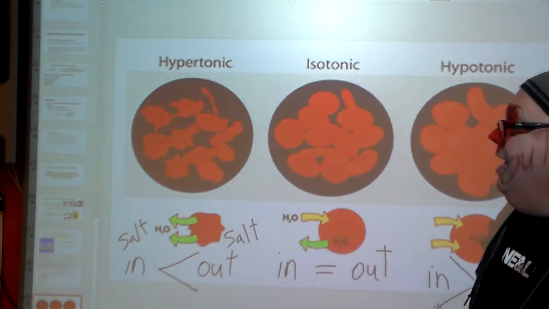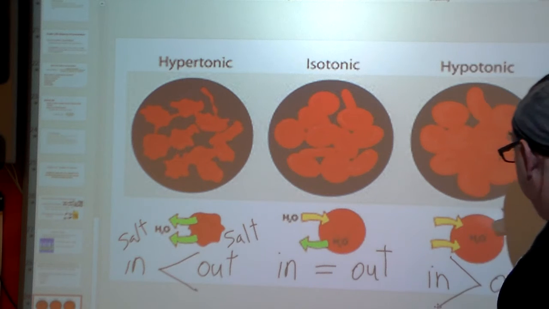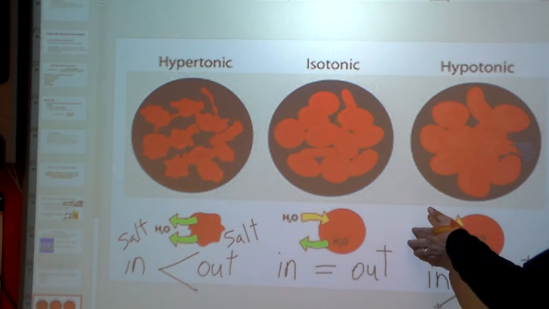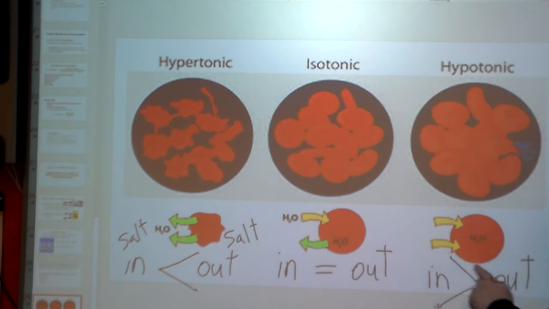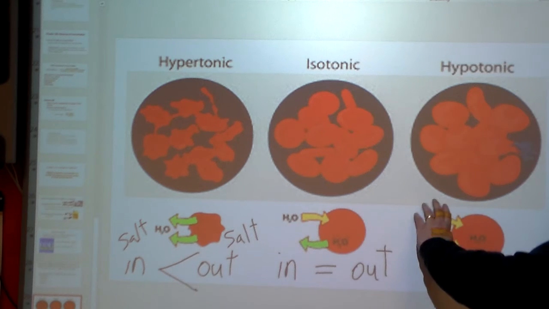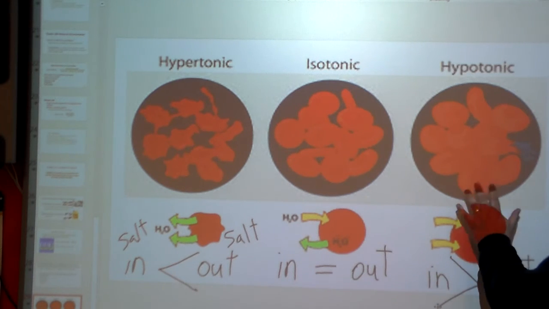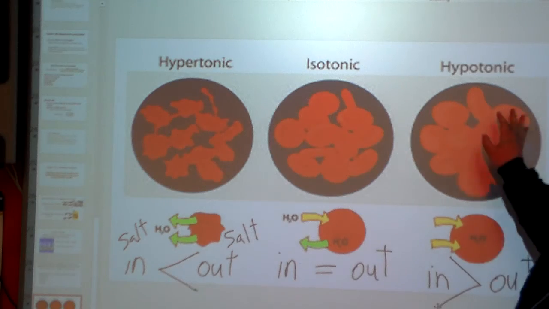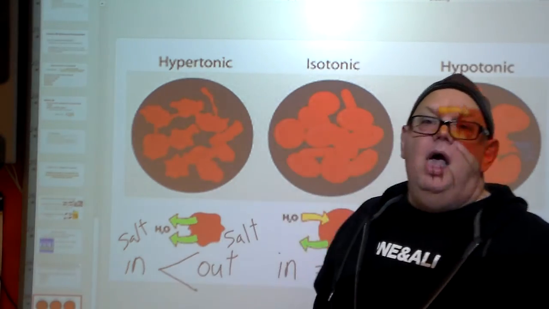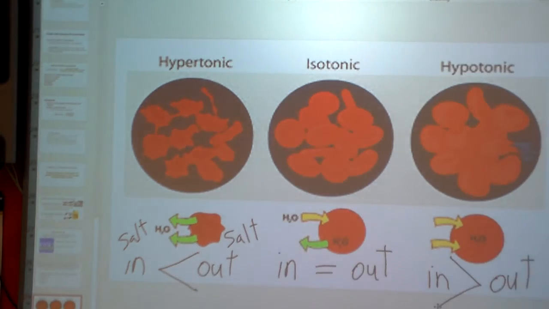Right? Okay? This is where the chemistry is coming in. So now you've got this water coming in. You've got a lot more salt on the inside compared to the outside. So in other words, hypotonic is the exact opposite of hypertonic. So what does that mean?